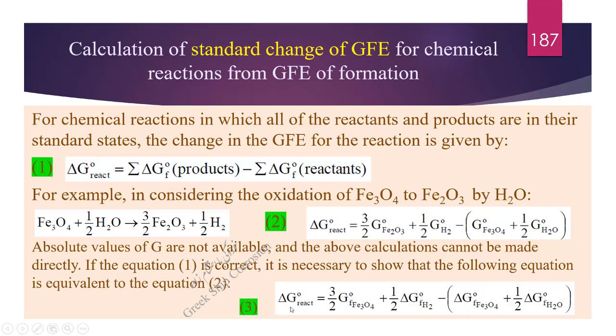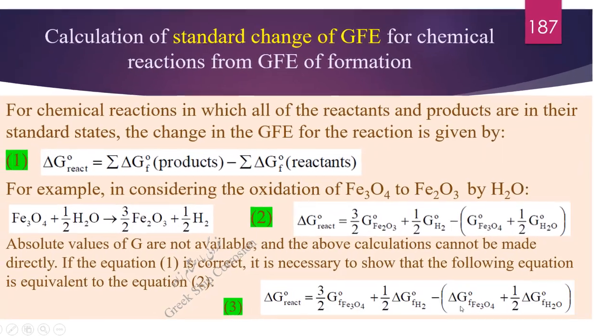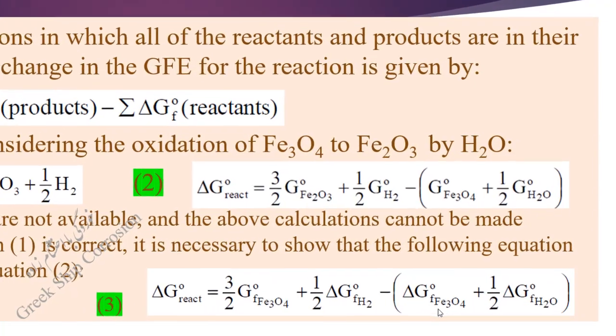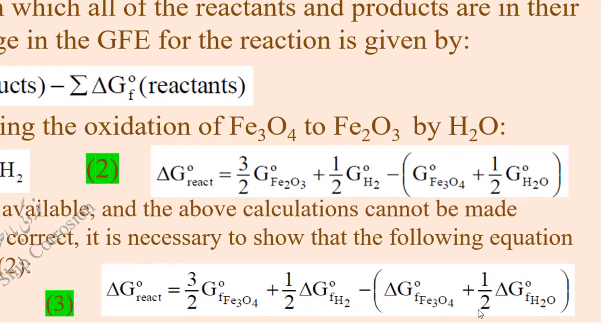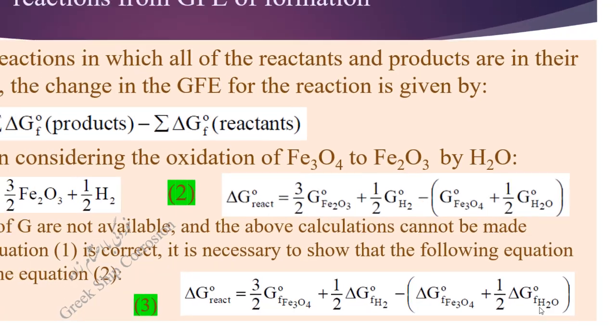The standard Gibbs free energy of the reaction is equal to 3/2 the standard Gibbs free energy of formation of Fe2O3 plus 1/2 of the standard Gibbs free energy of formation of H2, minus the sum of the standard Gibbs free energy of formation of Fe3O4 plus 1/2 of the standard Gibbs free energy of formation of water.